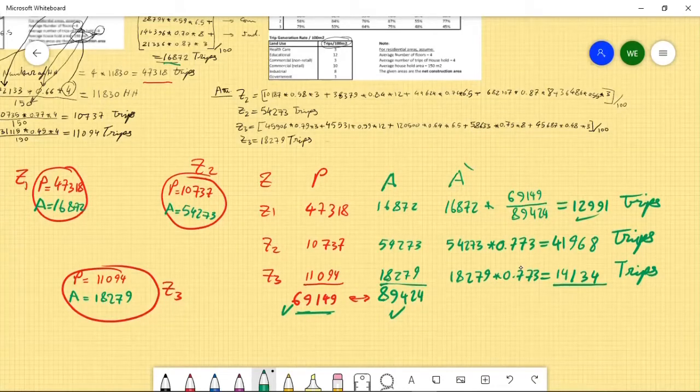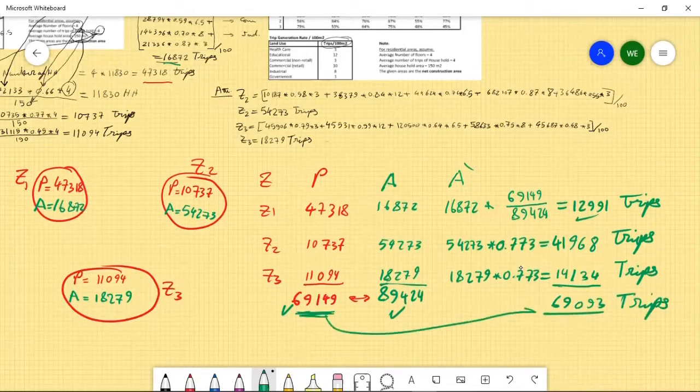Yes, now it's 69,093. So this value and this value are balanced now. Okay. Any questions so far?